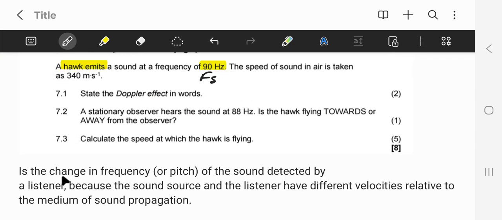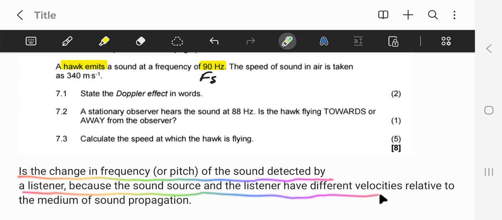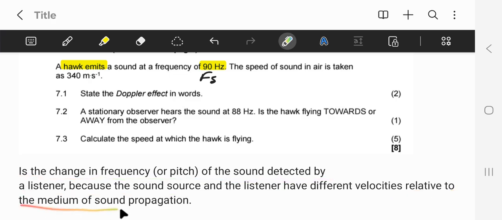So the definition of the Doppler effect is this: it is the change in frequency or pitch of the sound detected by a listener because the sound source and the listener have different velocities relative to the medium of sound propagation.